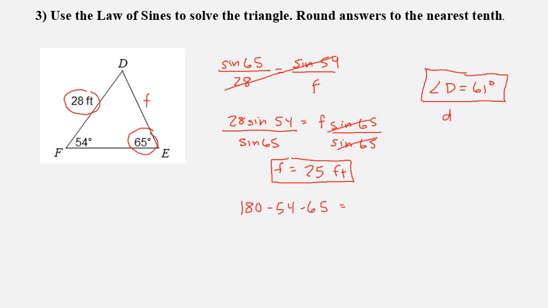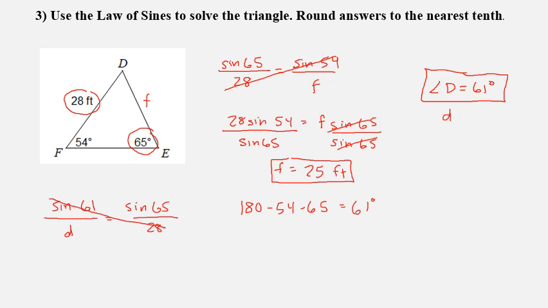Okay, and then finally, little d. Now that we know the angle for big D, we can set up law of sines again with the big D angle over our unknown little d side. And then we can use the sine 65 over 28 again.